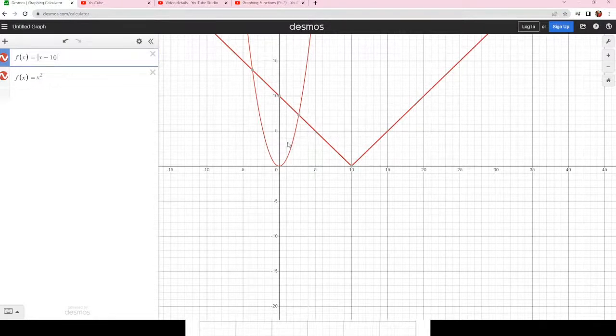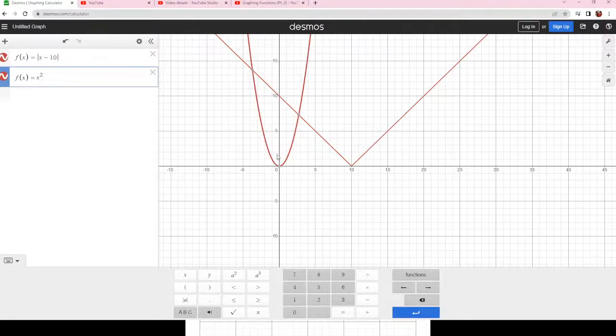All right? For this next one, tell me what f of negative 3 would be for the second function here. So f of x equals x squared. What would f of negative 3 be for this function? Take a minute, work it out. And these should be pretty easy, right?